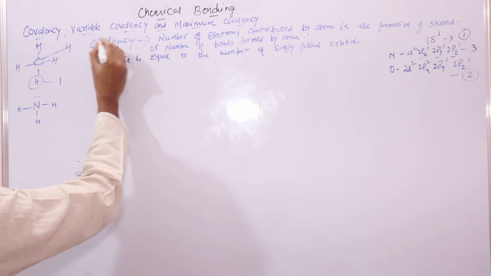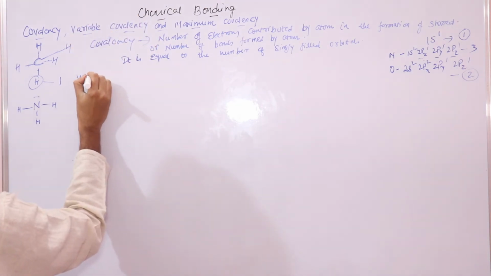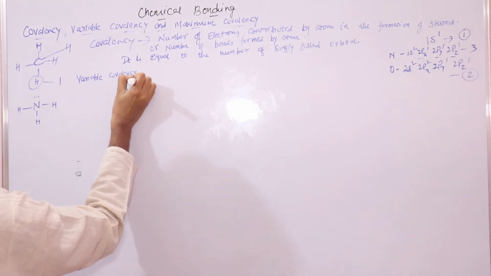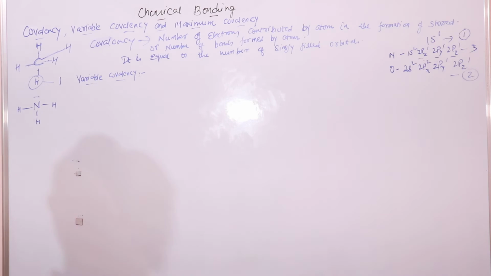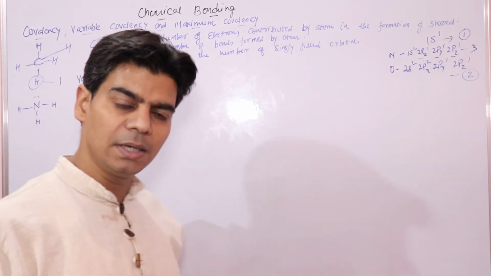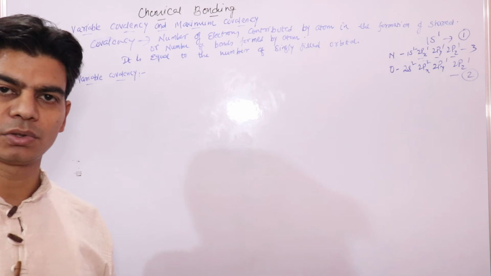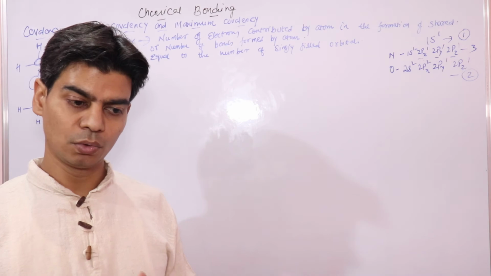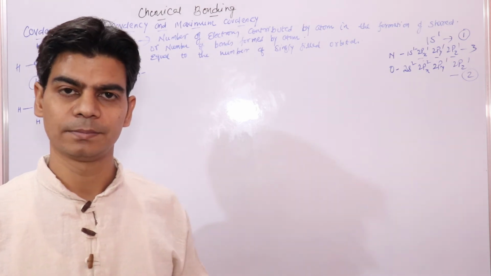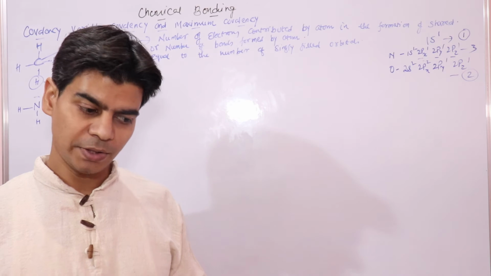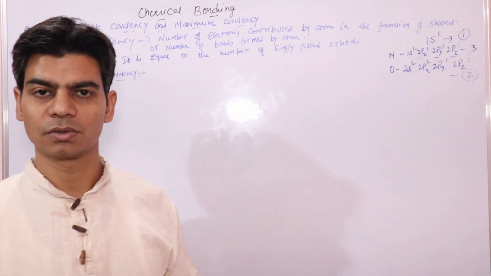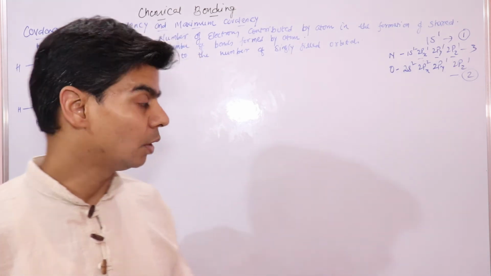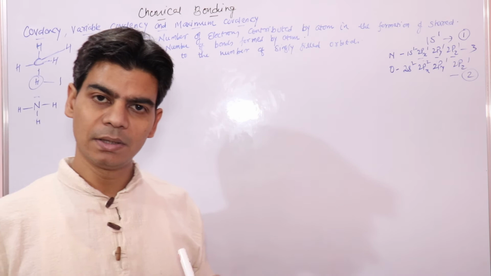Now let's see the second term, variable covalency. If you remember, we did variable electrovalency also. Variable electrovalency was due to vacant d orbitals, or due to the number of electrons in the d orbitals, where electrons can be transferred. Now here it's a little similar.